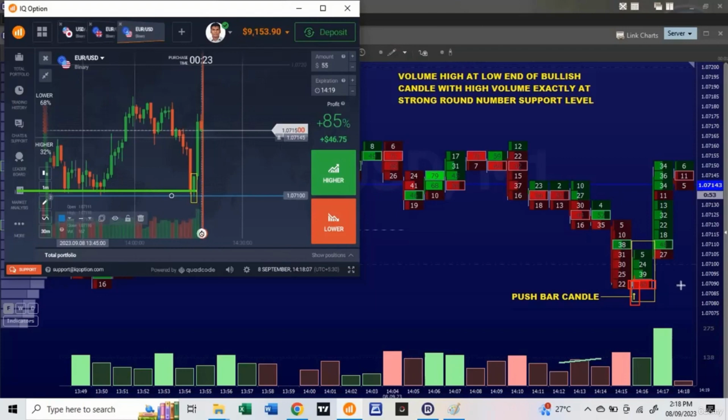But what happened here? This area is a previous strong buyer's entry point area. Sellers close at the buyer's entry point area, and the volume is high by the buyer's side. So that is giving us information that more possibility market may go up.